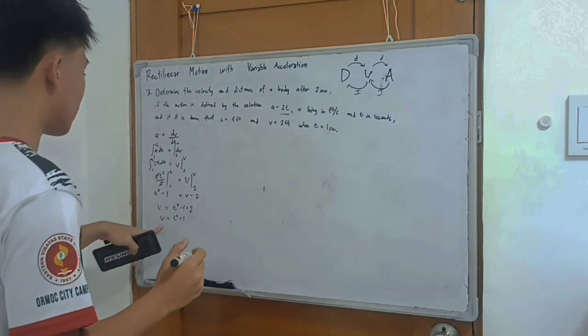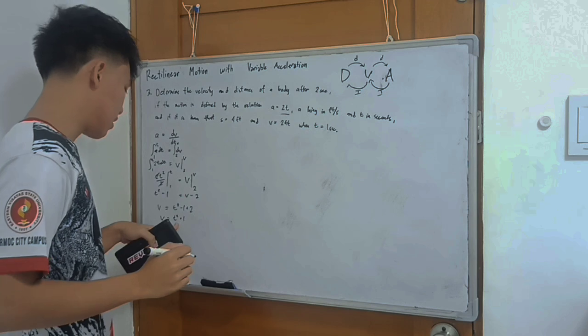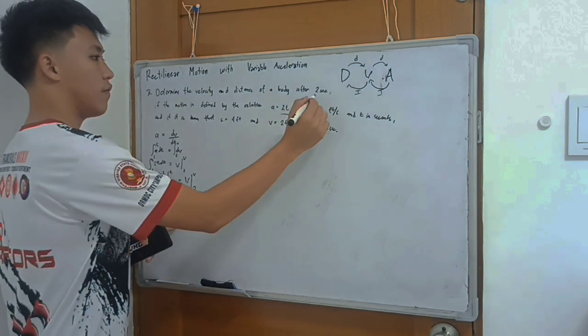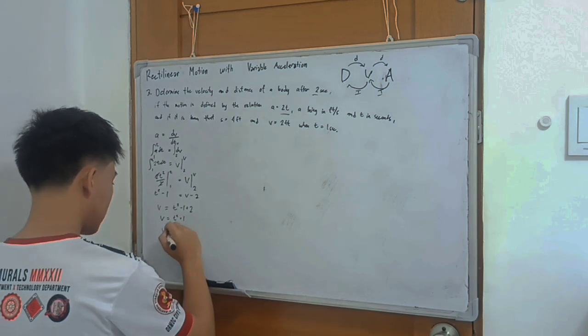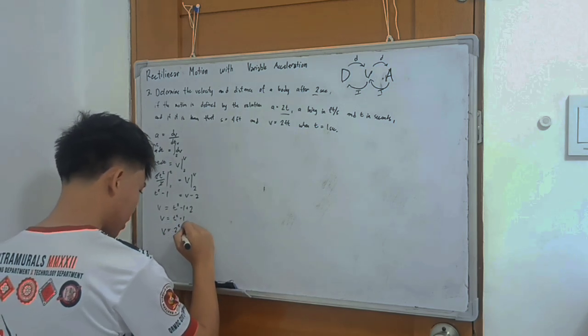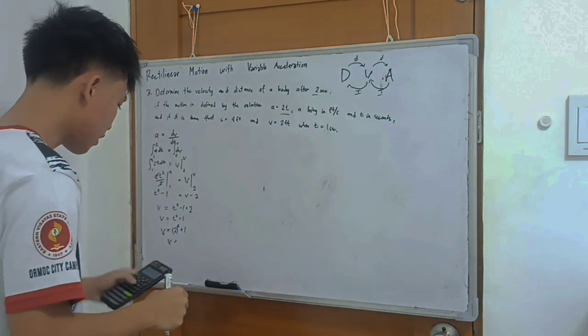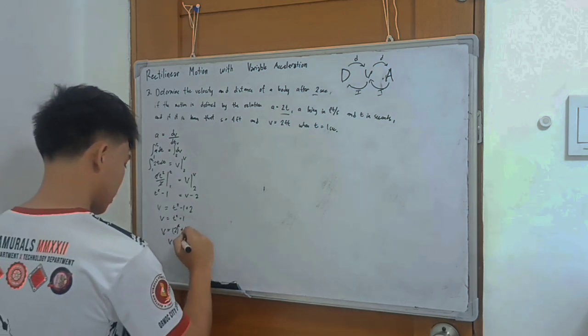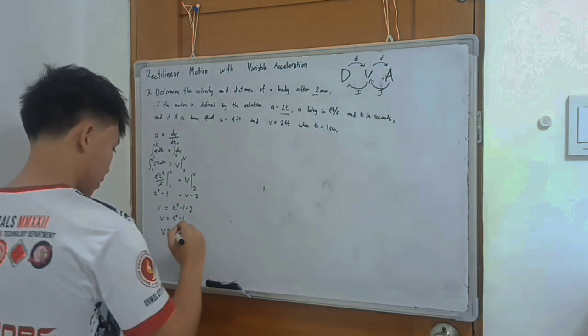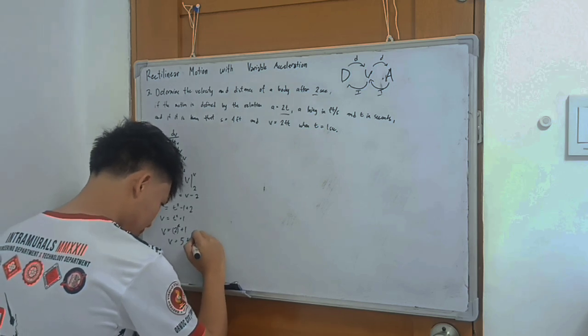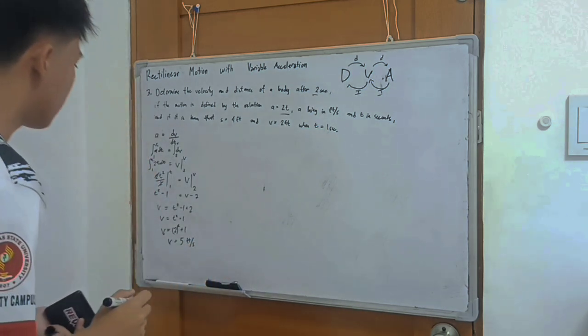So we can get the velocity by substituting the time of 2 seconds. So v is equal to 2 squared plus 1. V is equal to 4 plus 1, which is 5 feet per second.